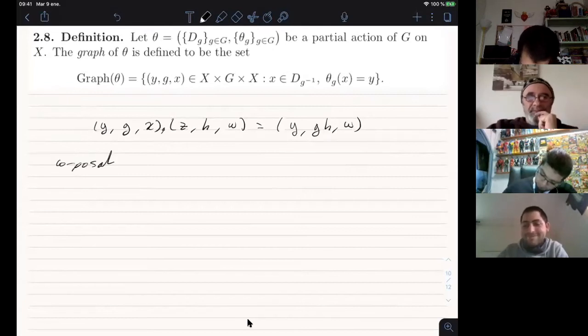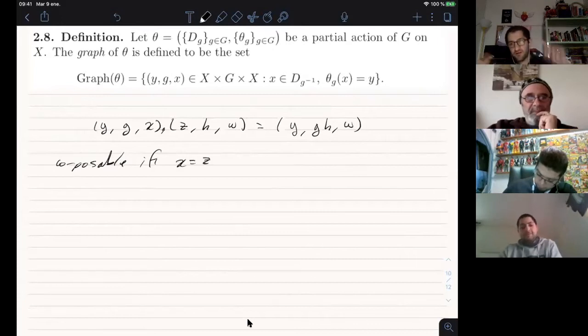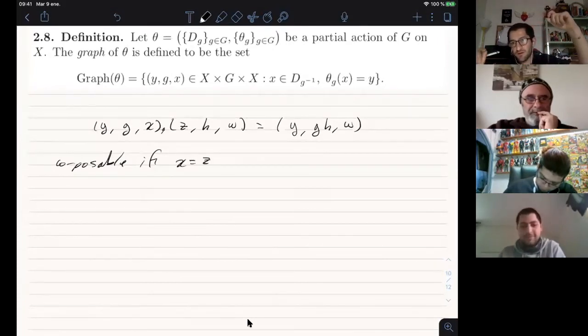Yes, if x equals y, so we are in the same way, so to speak.